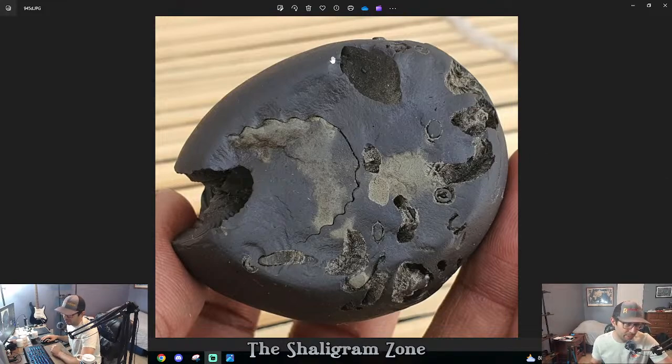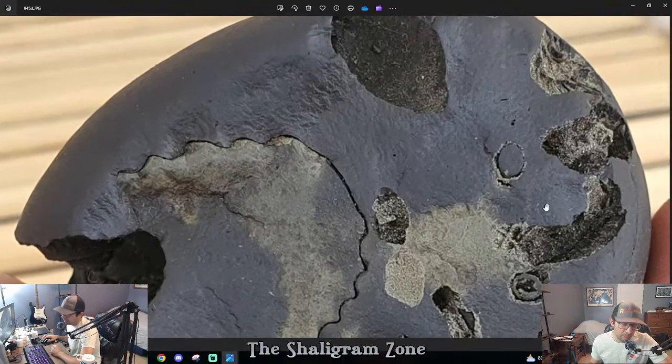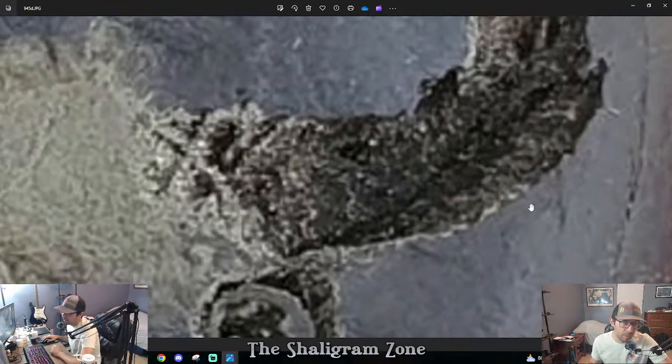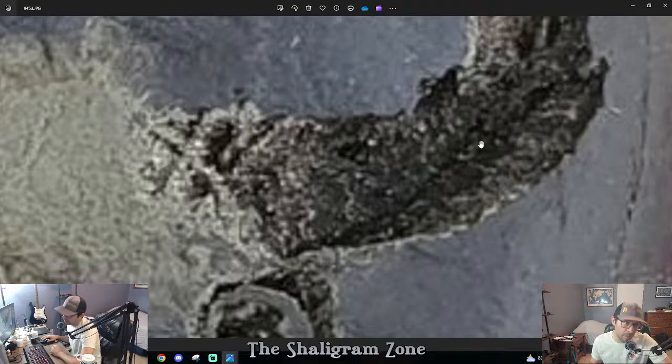It's got a good flat surface for it too, over here, which I'm pretty stoked about, where a lot of the details are. Okay, then we see some ribs here, real subtle, almost like an ammonite shape was happening here.